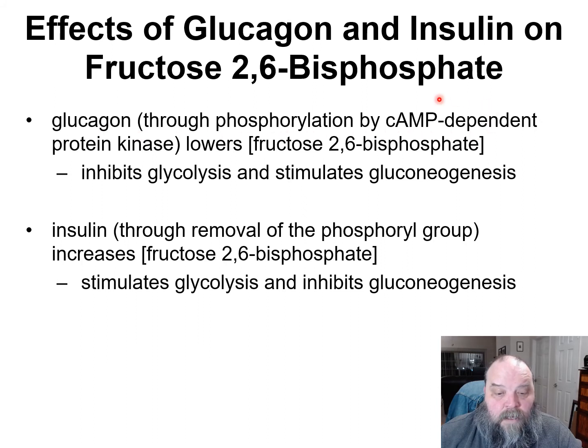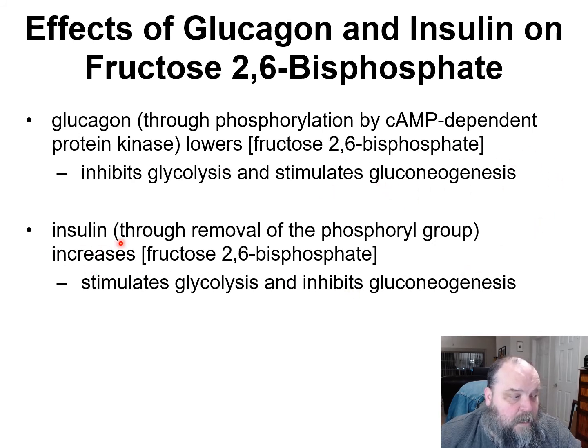Glucagon, via the making of cyclic AMP, and then there's a cyclic AMP-dependent protein kinase, which gets activated by high levels of cyclic AMP, calls for the breakdown of fructose 2,6-bisphosphate. Remember I just talked about it. Low levels of F26BP means no to glycolysis, but yes to gluconeogenesis.